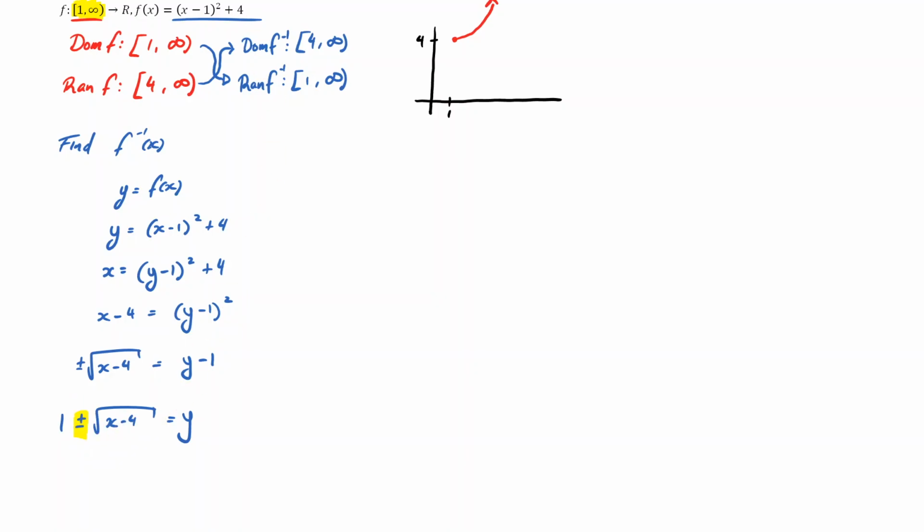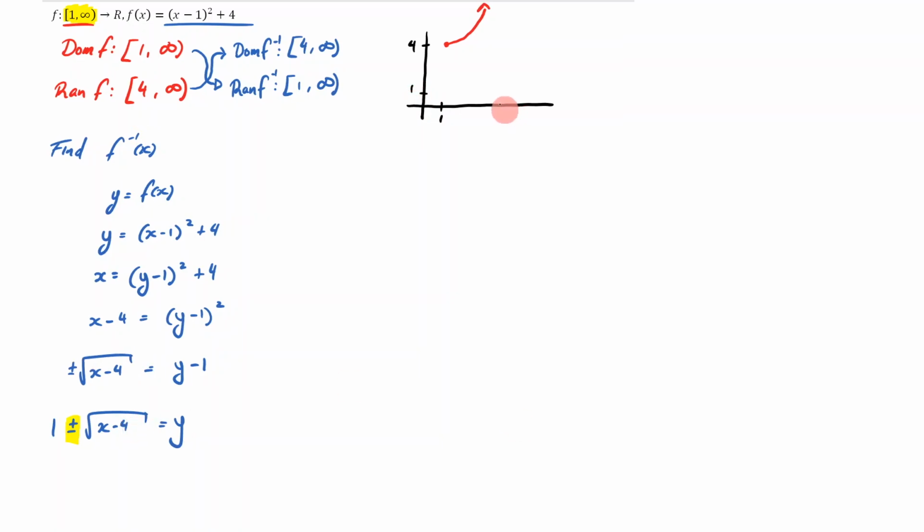If we were just to draw what we have immediately here, this is a square root graph that has been shifted 1 up and then 4 to the right. So like here. So that means our graph is going to be here. And remember, a square root graph has a positive section. So this is the positive part, and it has the negative part here.